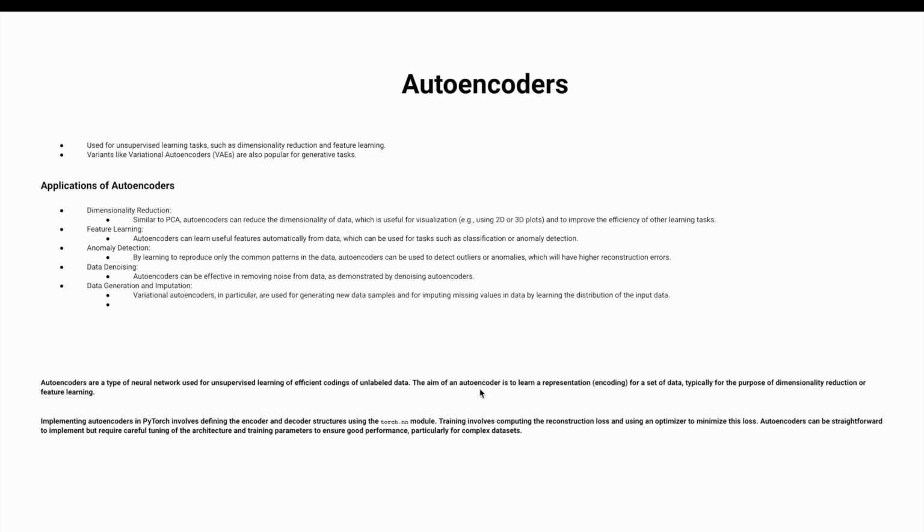The aim of the autoencoder is to learn a representation or encoding for a set of data, typically for the purpose of dimensionality reduction or feature learning, learning the different features in an object or an image. Implementing autoencoders in PyTorch involves defining the encoder and decoder structures using the torch.nn module.